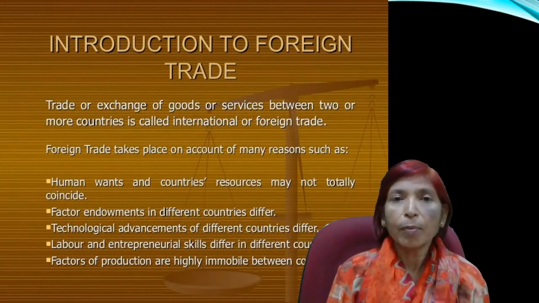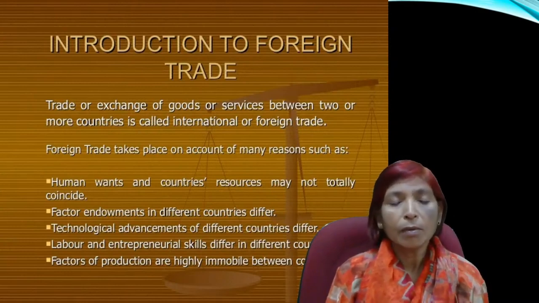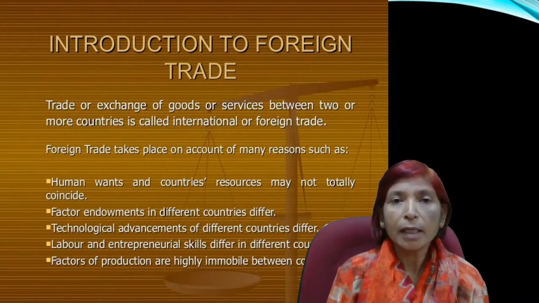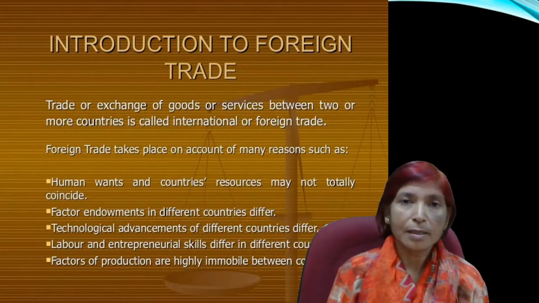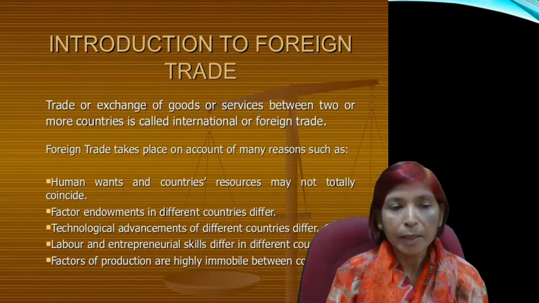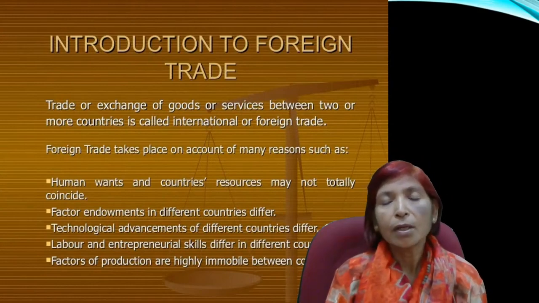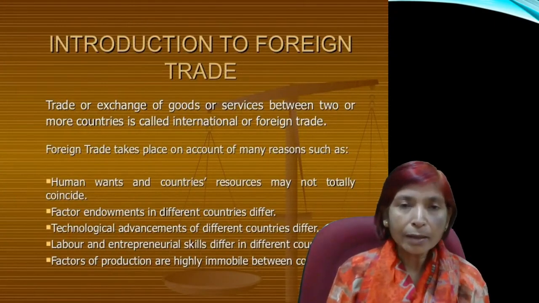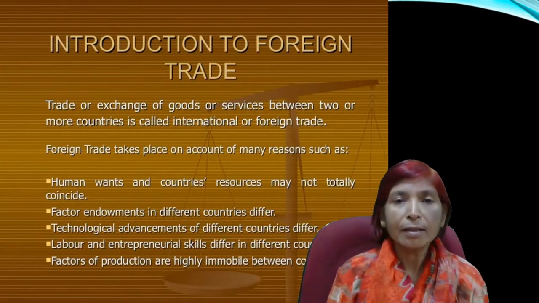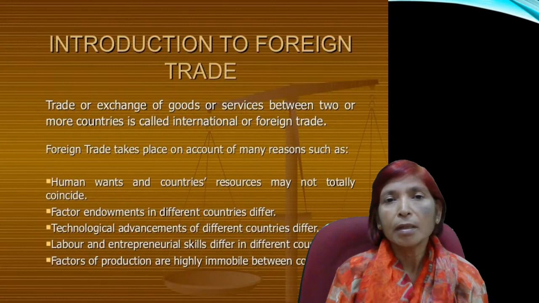You know that the whole population of the world is increasing. As population increases, the demand for goods and services also increases. But we know that resources are always limited and wants are always unlimited. So human wants and countries' resources may not totally coincide. Factor endowments are different in different countries; resources or factors are not equally distributed.